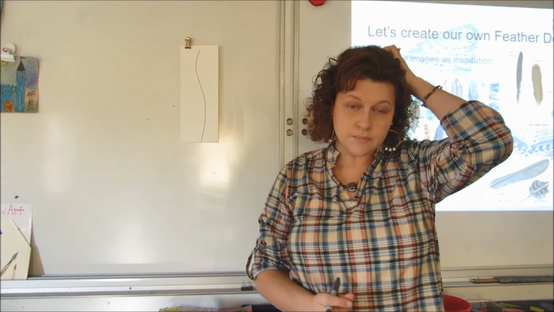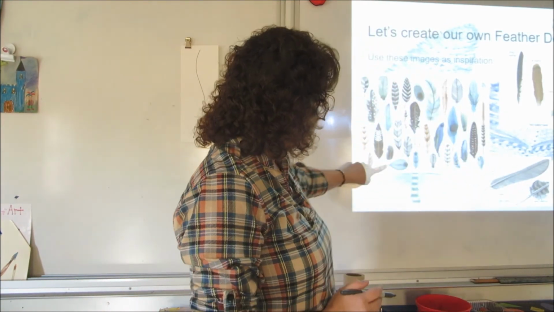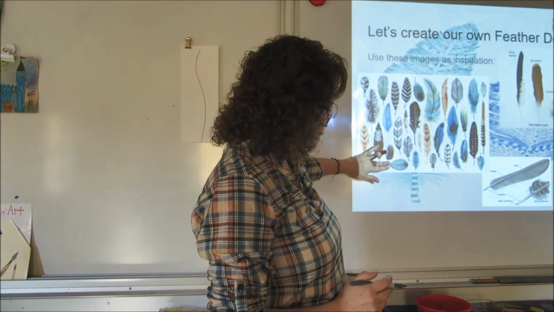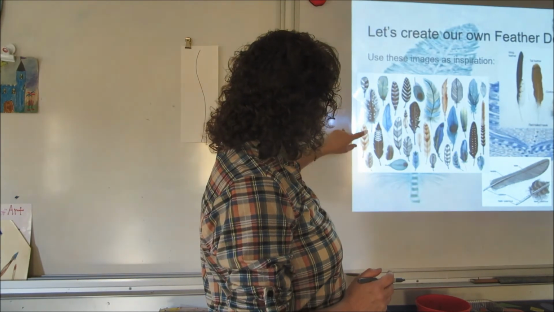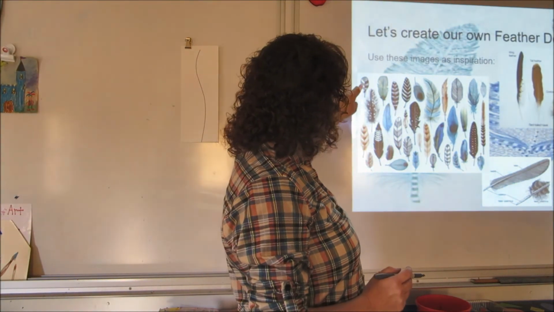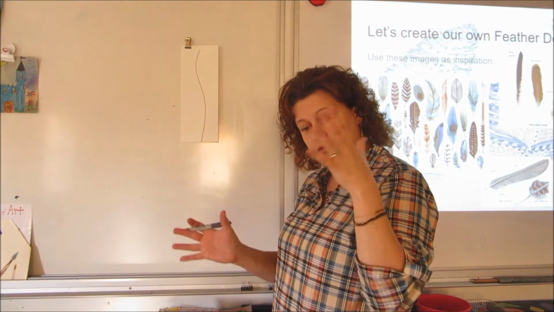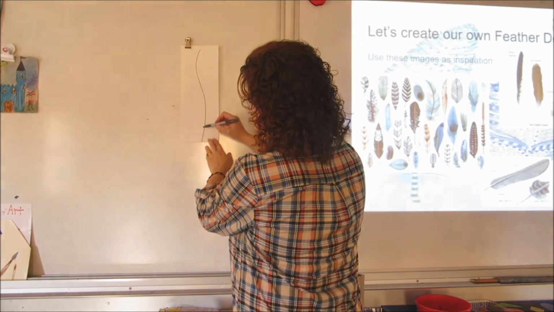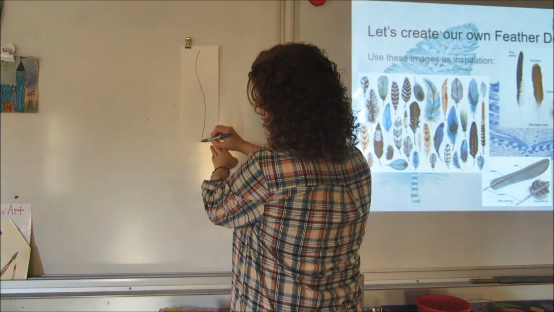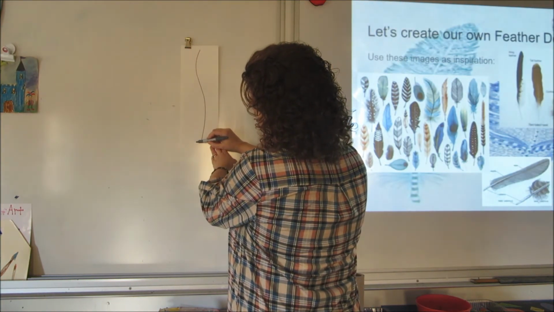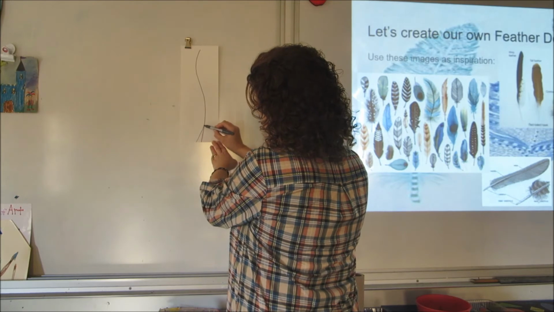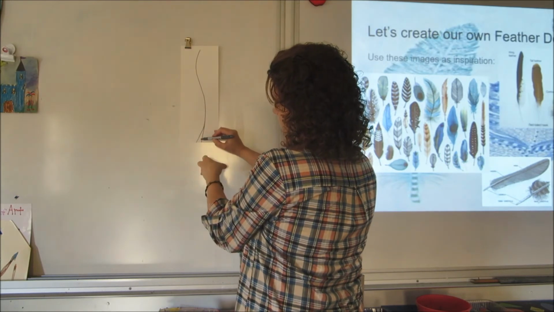Now, most of the feathers I see curve upward. Now this one's like a V, and some of them are more soft or rounded along the bottom. You can decide, looking at whatever feather you like, how you want it to be. So I want the bottom of my feather to be a little wider, so I'm going to angle this up a little bit. So that's the bottom of the feather.